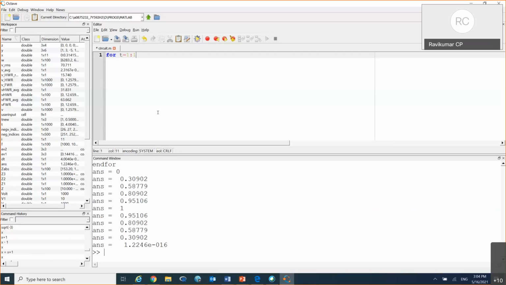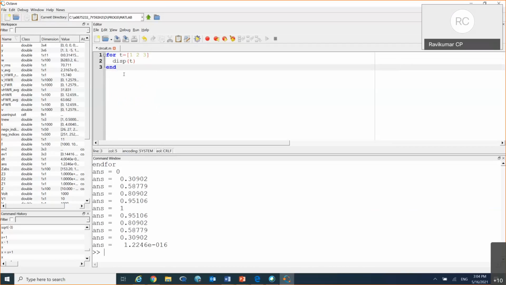This can be either 1 colon 10, or it could be some linear space, 0, 1, whatever you want. Something that gives me a vector. Also say for t equal to 1, 2, 3. And then you can write any statement here, such as, let us say, display t, and then write end for. It will accept both end and end for.